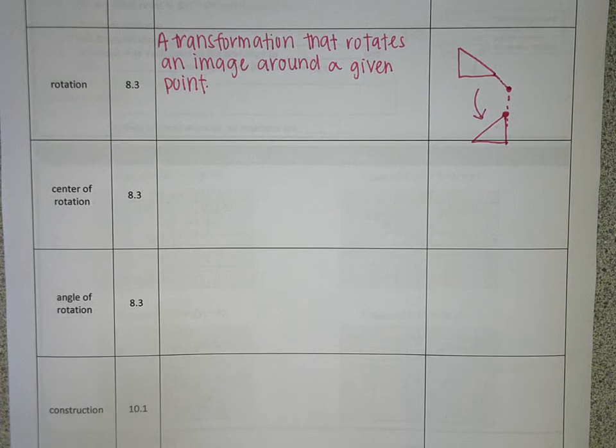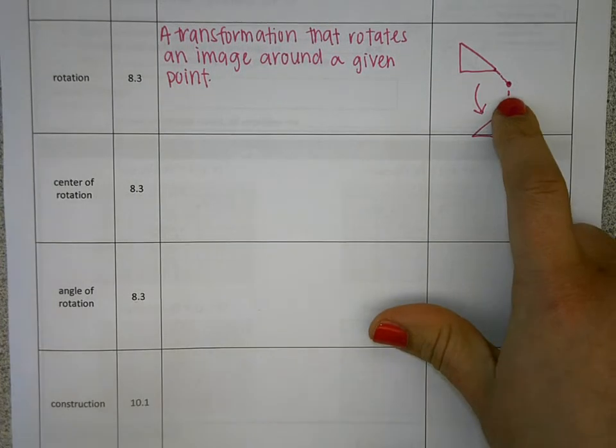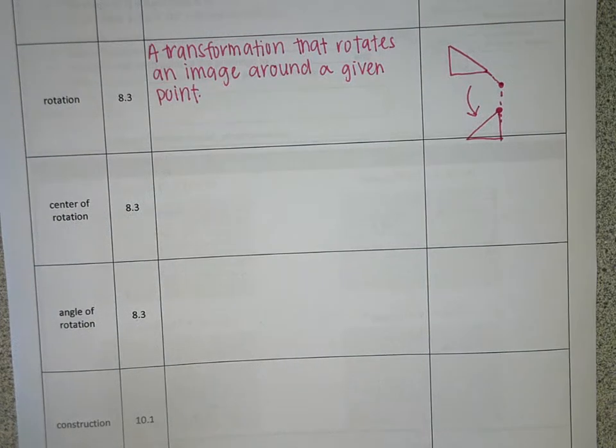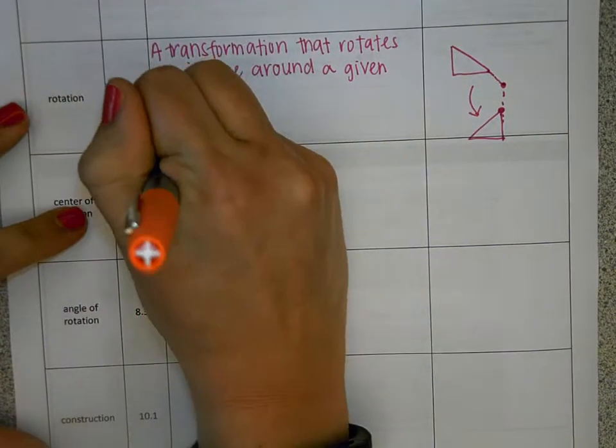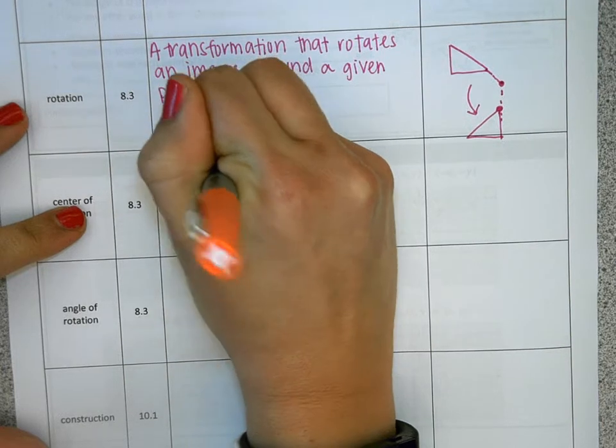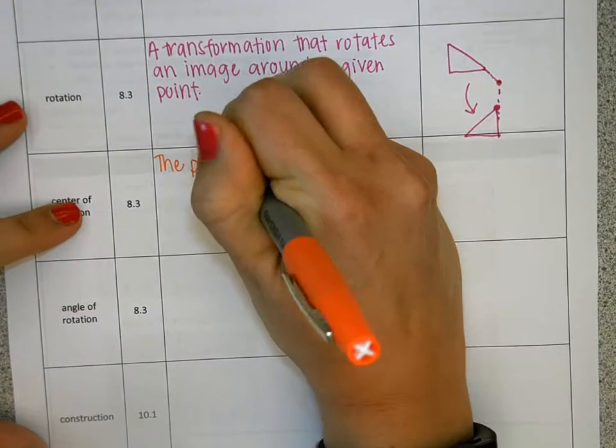Okay. The point that we rotate our image around is called the center of rotation. So the center of rotation is the point given, which the figure rotates around.